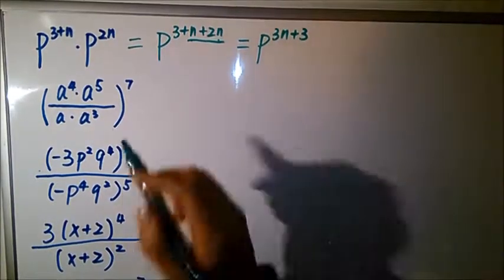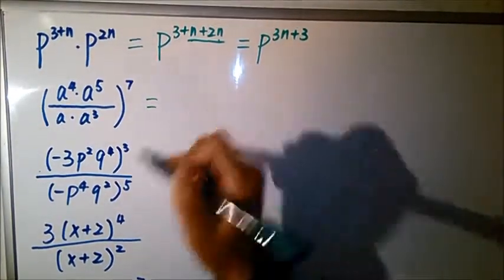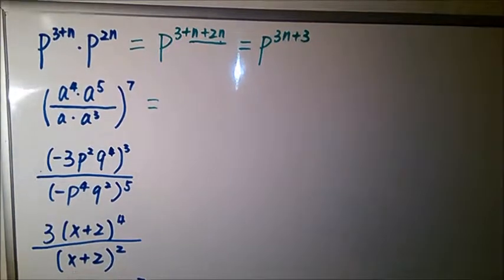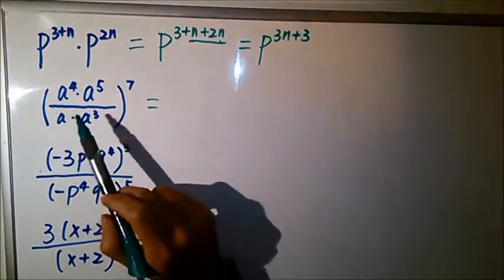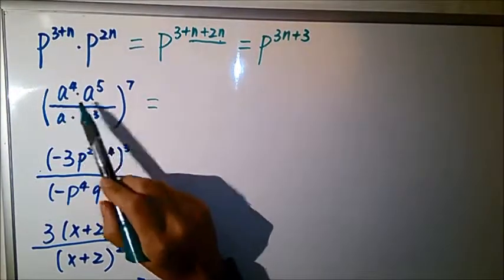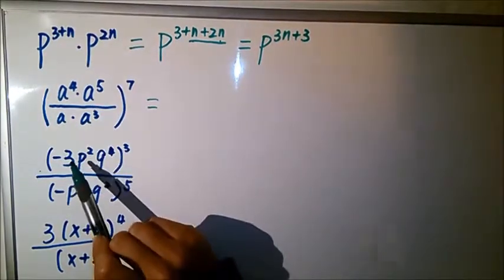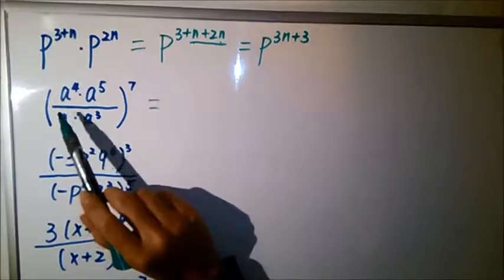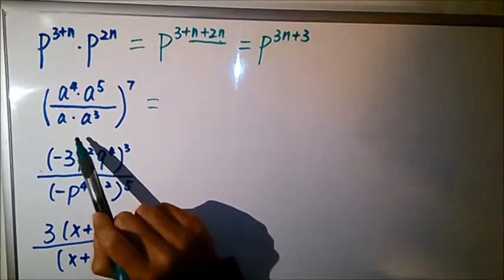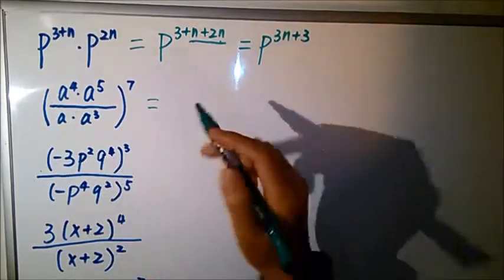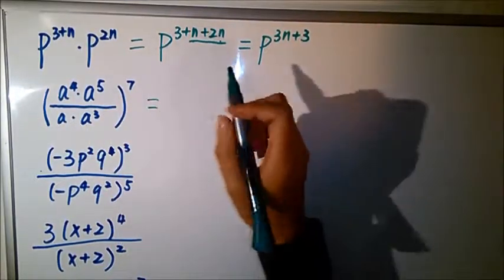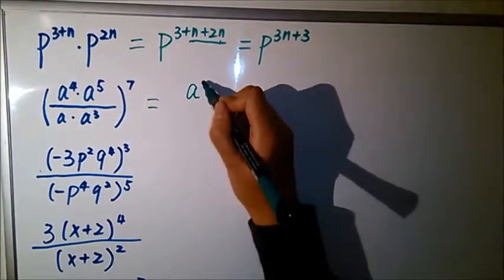Okay, next problem is that thing over there. Okay, so we look inside the parentheses, and we see that the bases are the same in the numerator. So when we multiply bases, their exponents will be added together. So a to the 4th power times a to the 5th power will be a to the power of 4 plus 5.